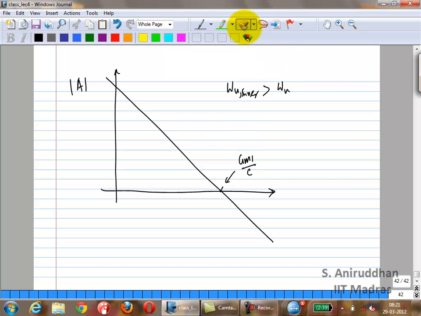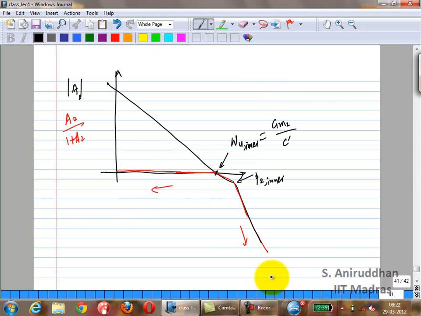And in fact, I've drawn it a little bit wrong. At omega u, when does the first pole strike? Left by itself, GM1 over SC would just go as a straight line. But now you are multiplying it by A over 1 plus A. Where does it have a pole?